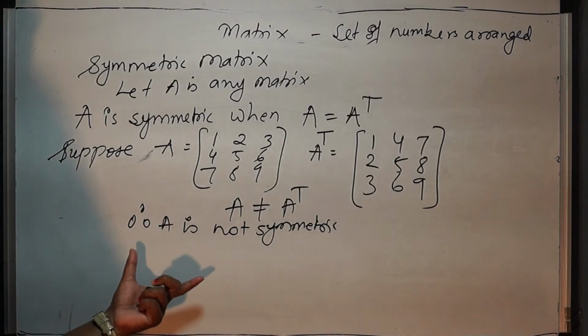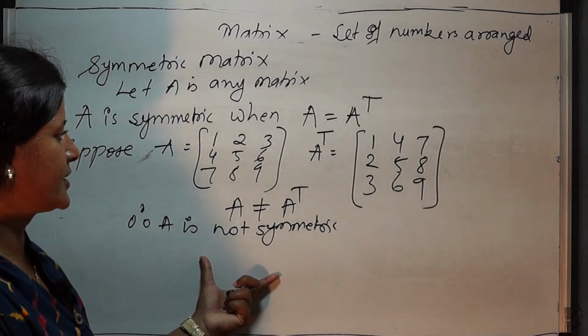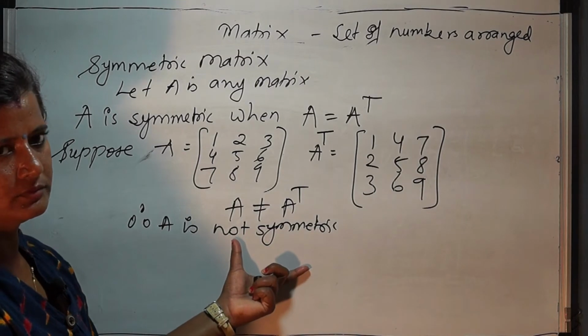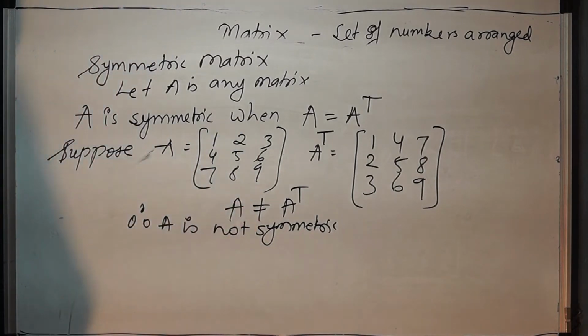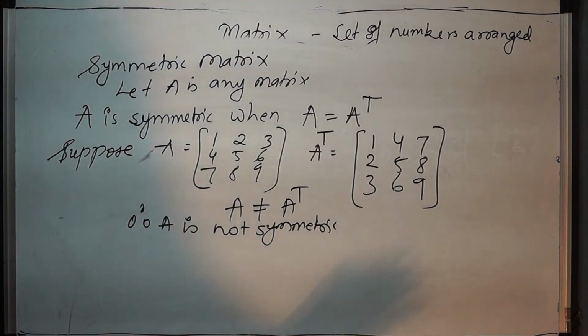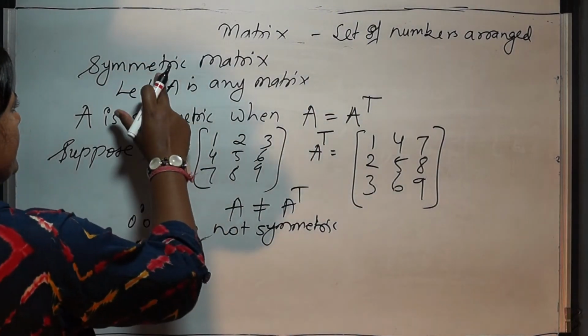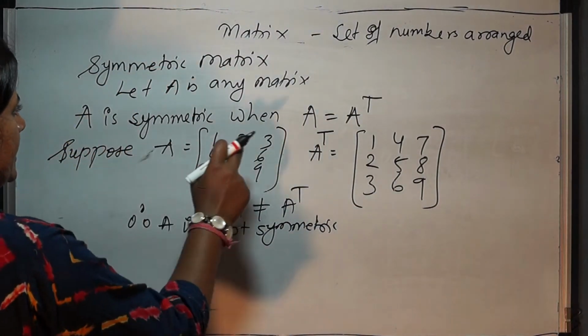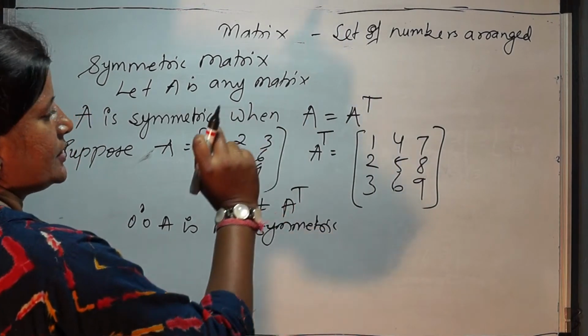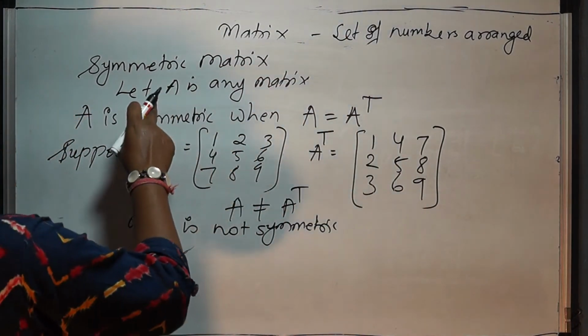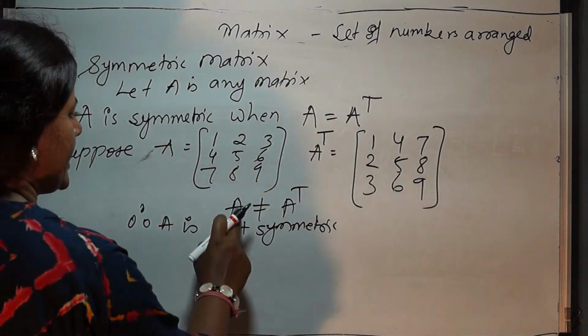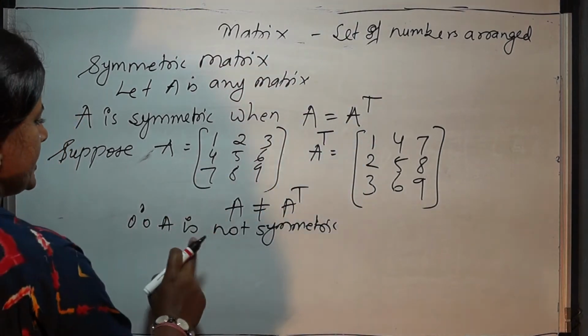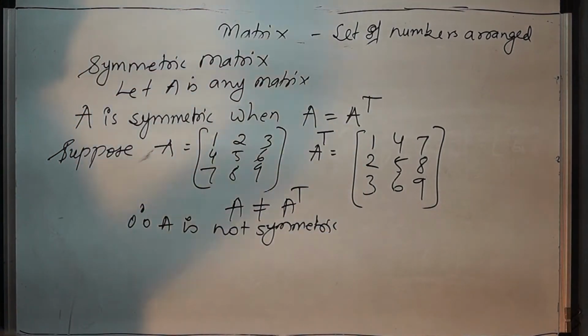Just for giving the description of the concept, I took this example. So everybody comes to know how we can define symmetricity. If A is equal to A transpose, then A is symmetric. If A is not equal to A transpose, then A is not symmetric.